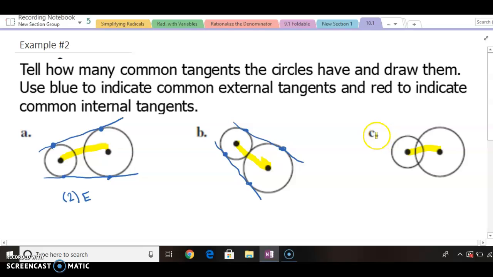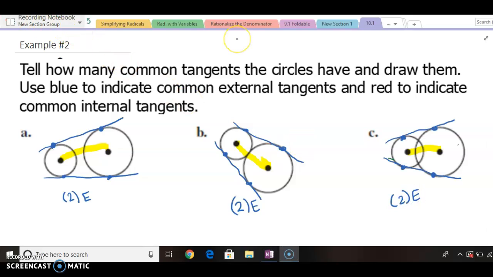So on C, I want you to go ahead and draw the two common external tangents on C. All right, so just like the other one, you have one on top and one on bottom, and they're common externals because they don't pass through this imaginary line that connects the centers.